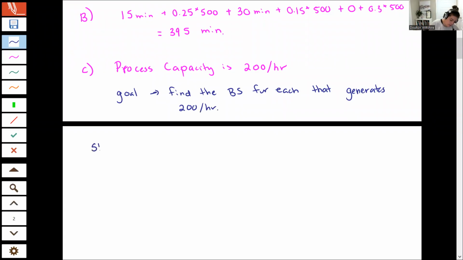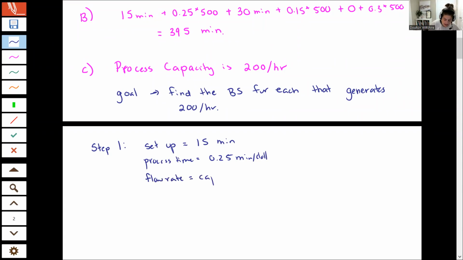So for step 1, our setup time hasn't changed, right? It's 15 minutes. Our process time is at 0.25. But our desired flow rate, aka the capacity, is 200 per hour.